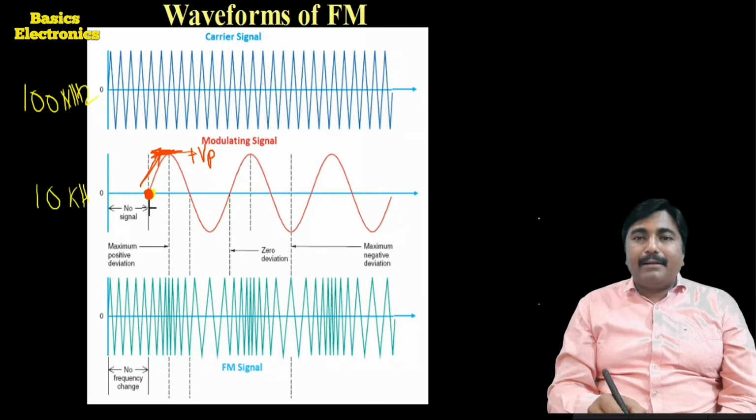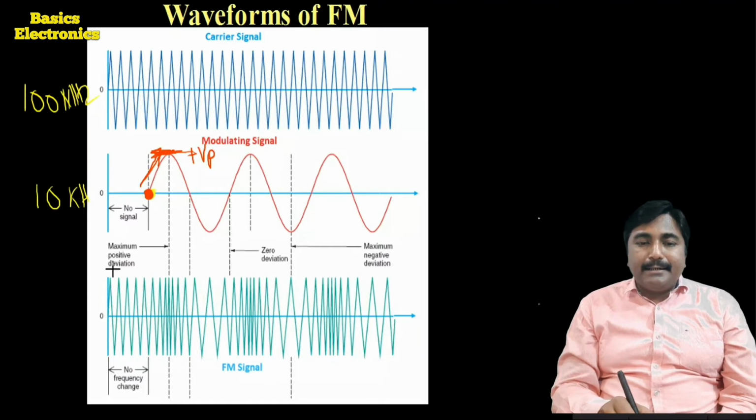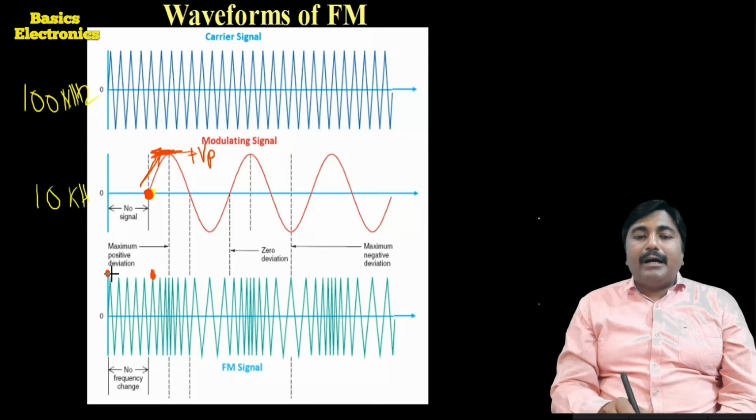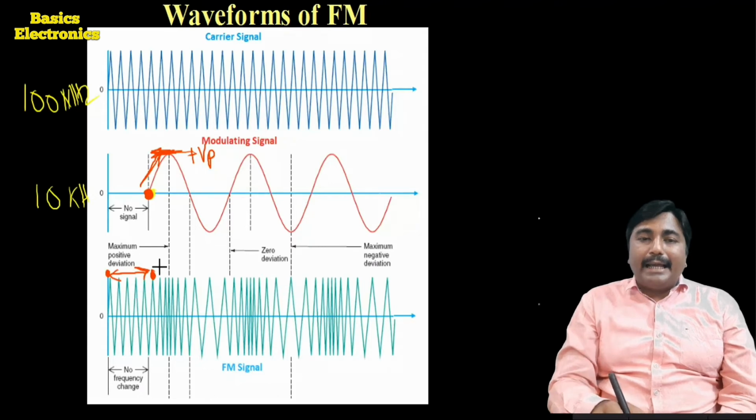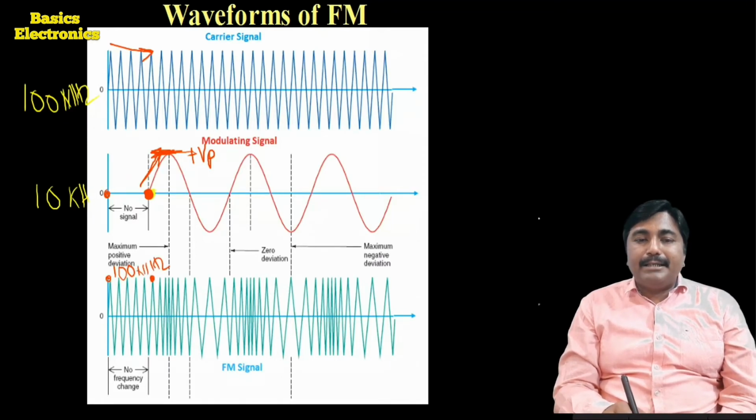As the modulating signal increases its voltage, the frequency also changes. From this point to this point, the frequency of the modulated carrier signal remains constant, like the unmodulated carrier signal, at 100 megahertz, because the modulating signal, the information signal, also has the 0 hertz value.